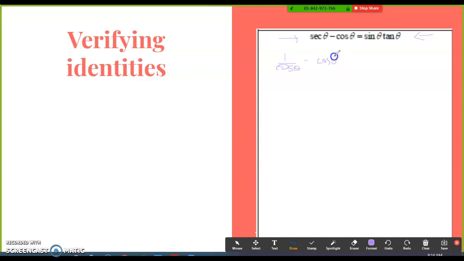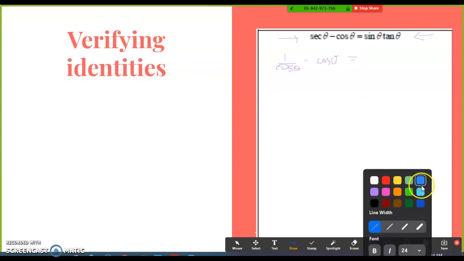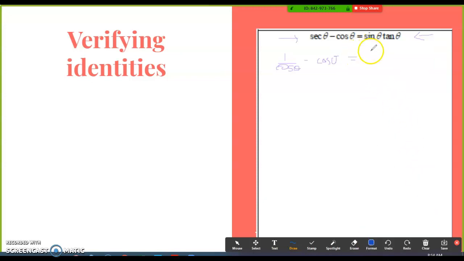So I got the left side. The right side, in terms of its identity, is just the sine of theta times the sine of theta over the cosine of theta, because that's the identity for tangent.